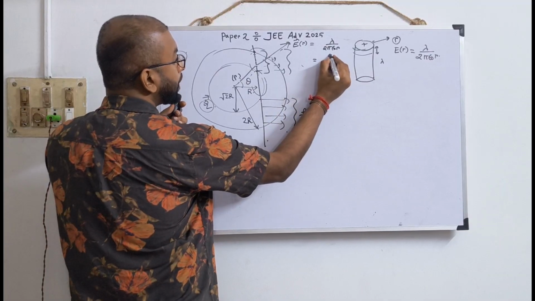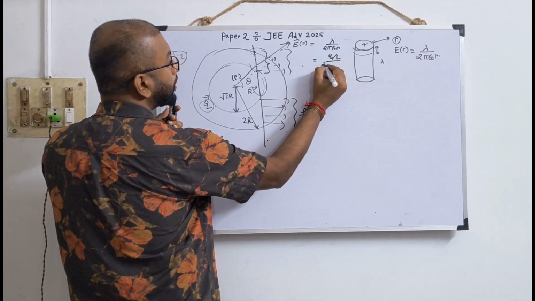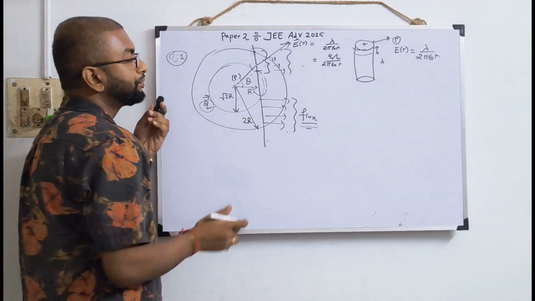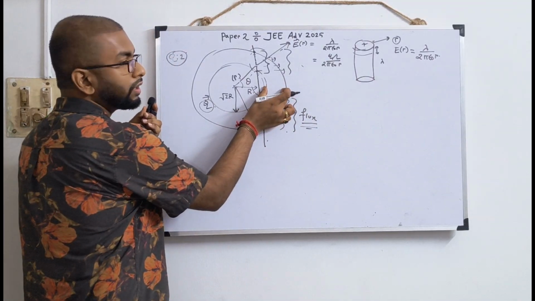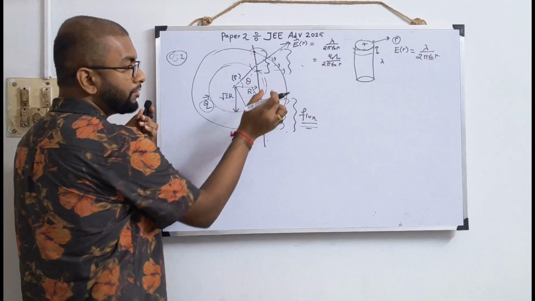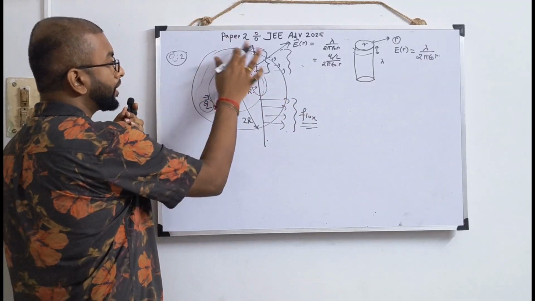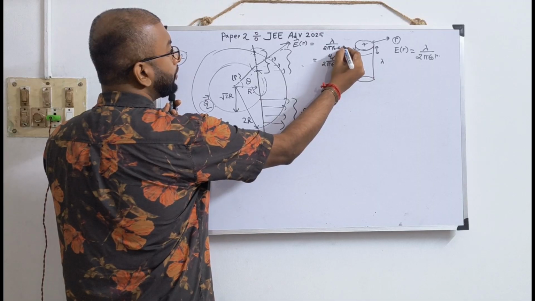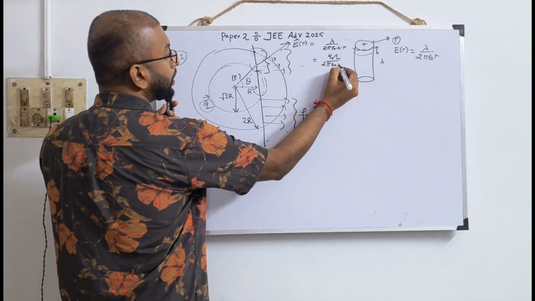So lambda we will put as Q by L, the charge per unit length, over 2 pi epsilon naught into r. But here in our problem, we have to multiply epsilon naught by 5 because it is filled with a dielectric of dielectric constant 5. So we have to multiply by 5, giving 5 into r.